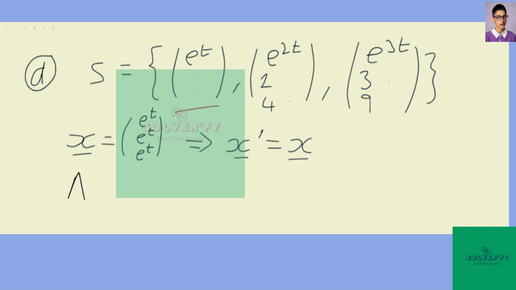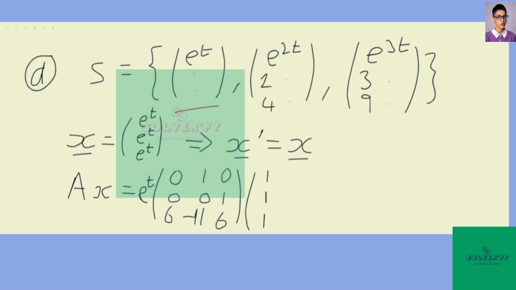Okay, but what about Ax? Well, A is 0, 1, 0, 0, 0, 1, 6, minus 11, 6, times x, which can be written as, well, we could take an e to the t out the front, and then times that by the vector 1, 1, 1.